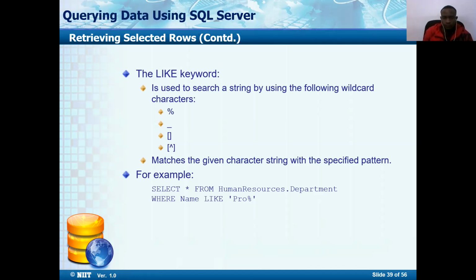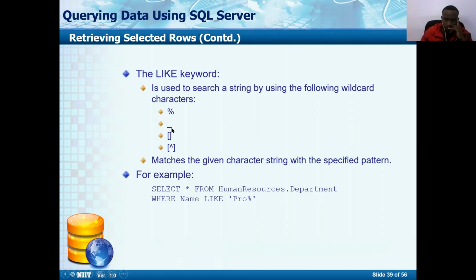So like I said, if you have a table of students with students' names, and you want to see students whose first letter is S, you can use this underscore.